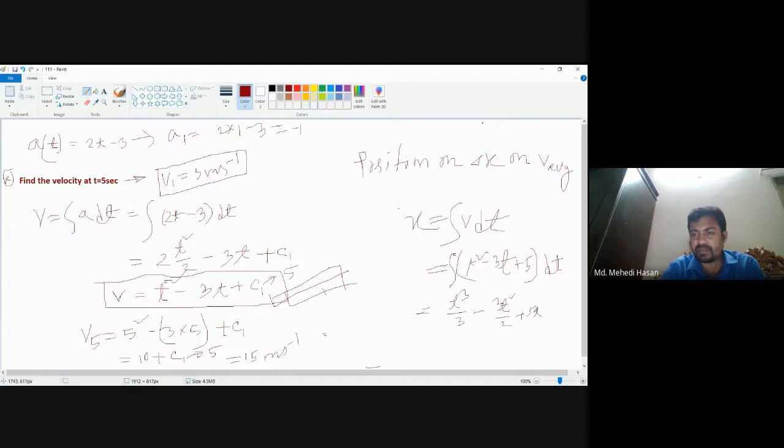Then there will be a constant. Say this is c2, the constant. So this is the position.